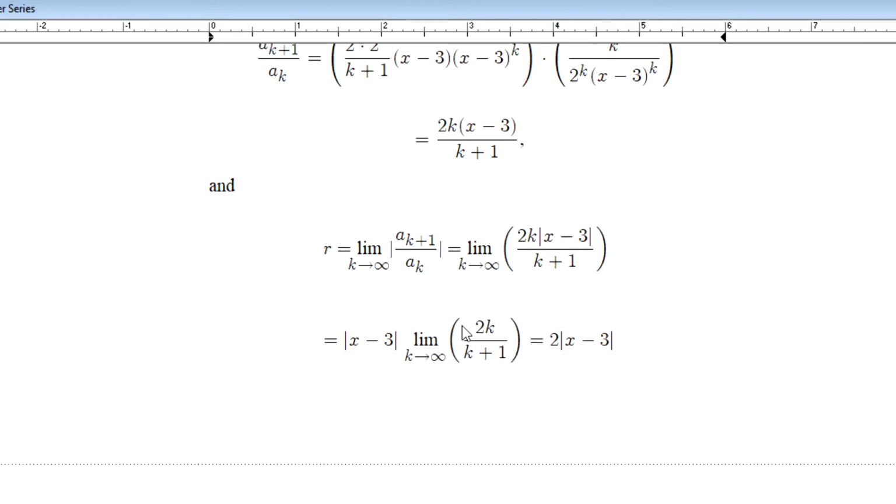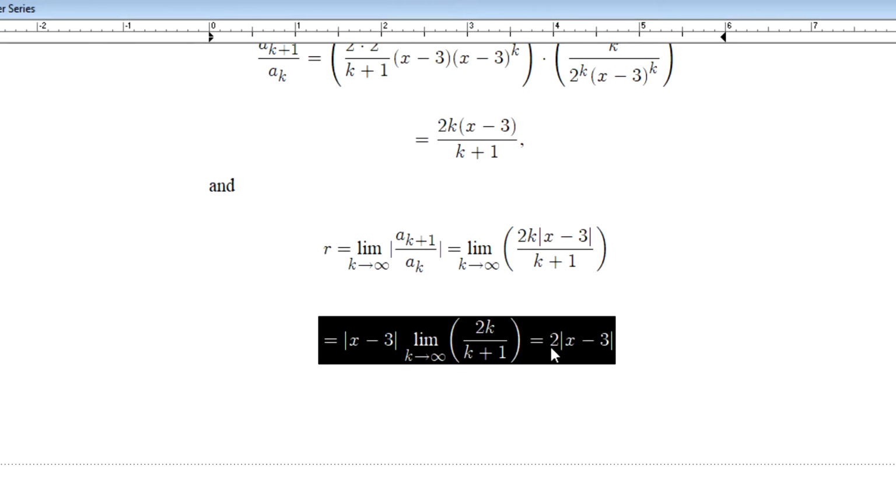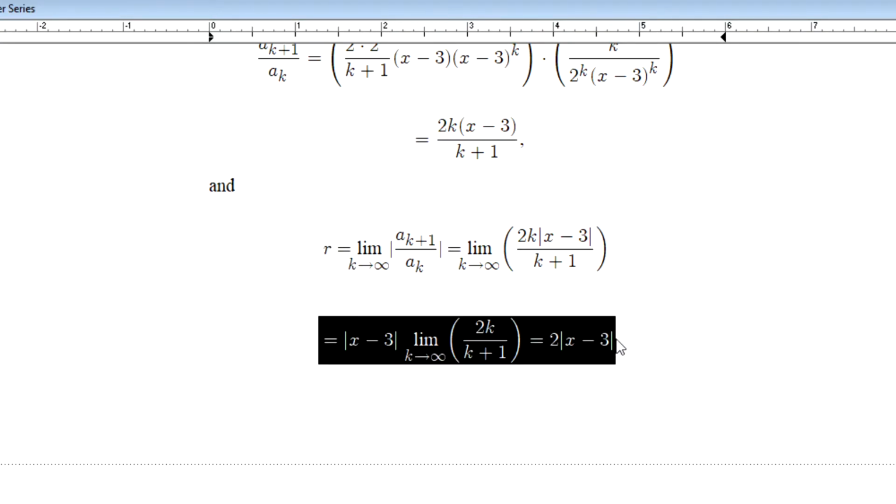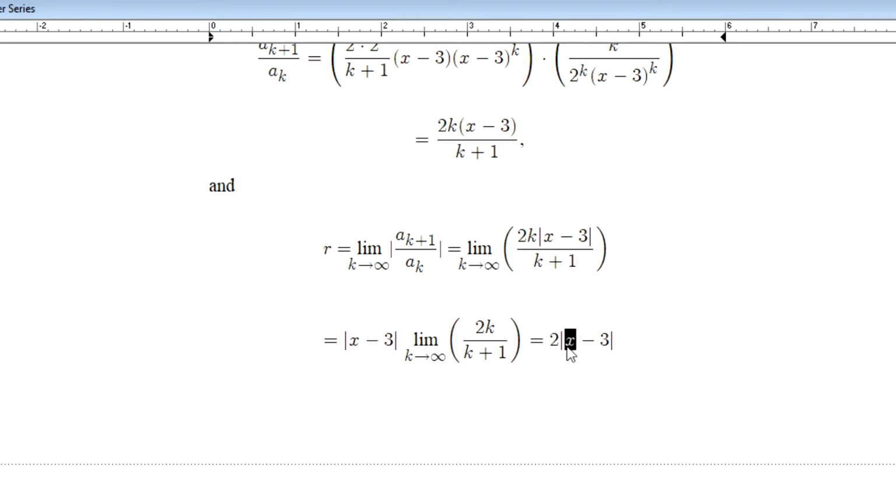From our fundamental rules for limits at infinity, this rational form will produce the result of 2 for its limit. So in the end, r is equal to 2 times the absolute value of x minus 3. The test value r in the ratio test will take on this form that now depends upon the value of x.